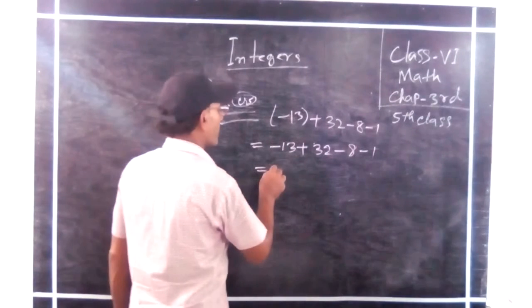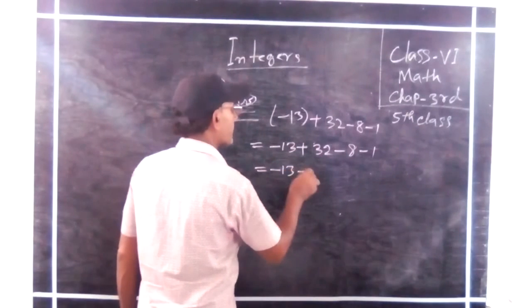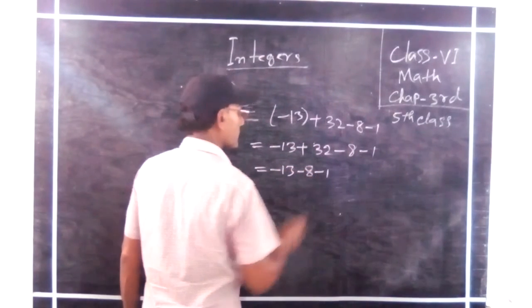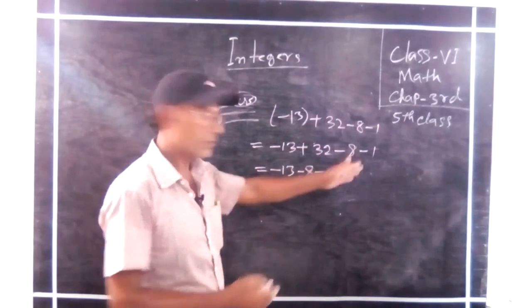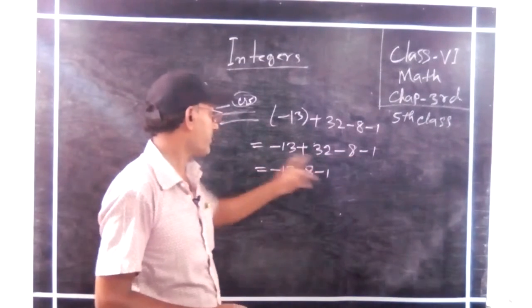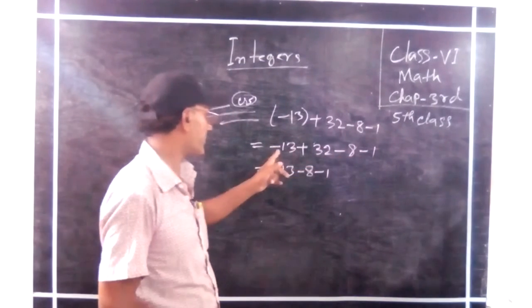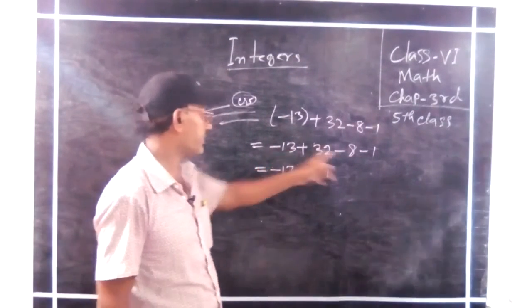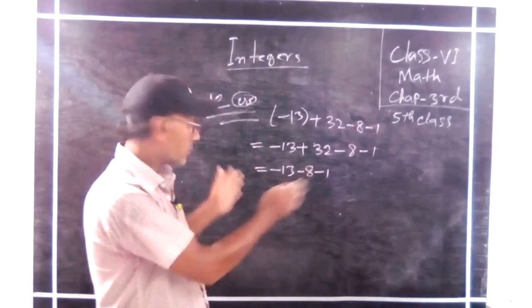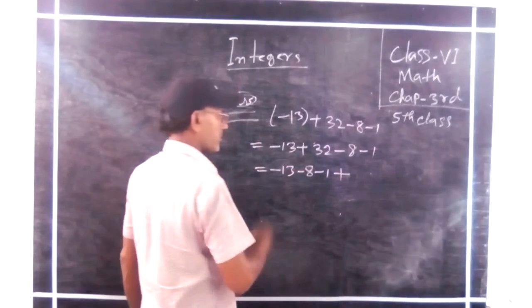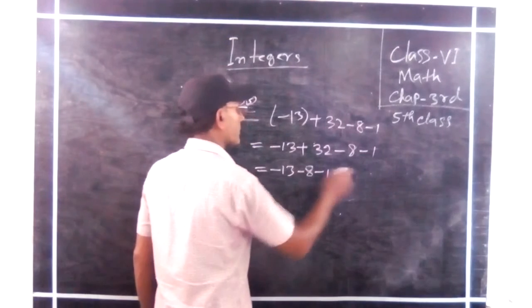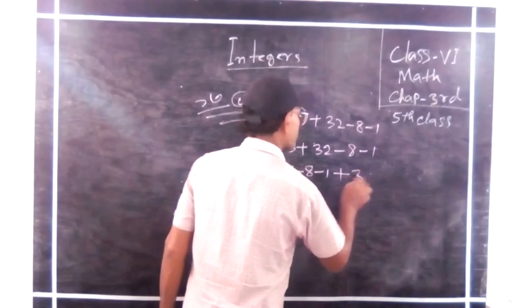So -13 minus 8 minus 1. We can close the same numbers, that means -13 -8 and -1, and plus 32.